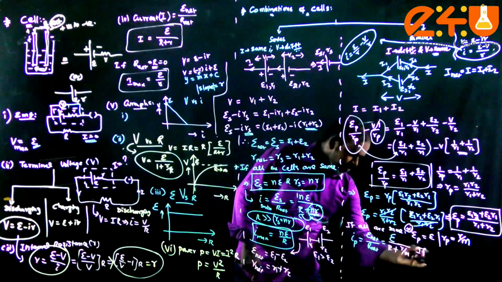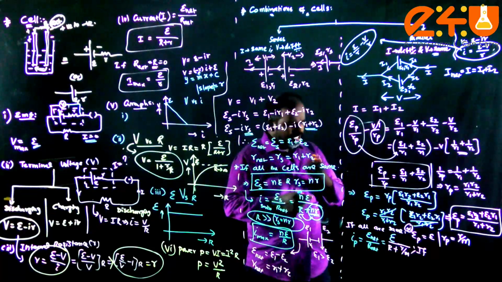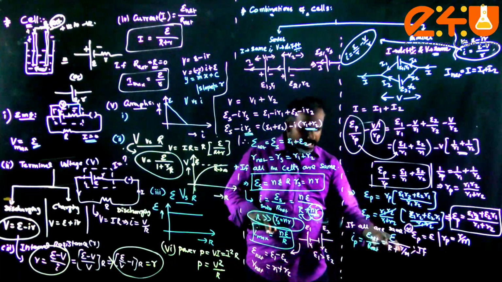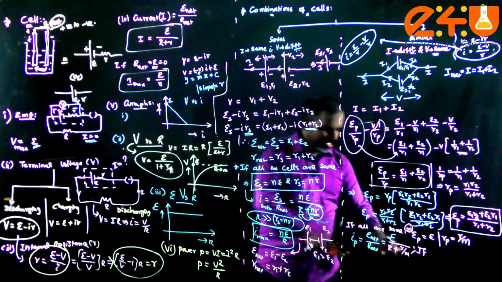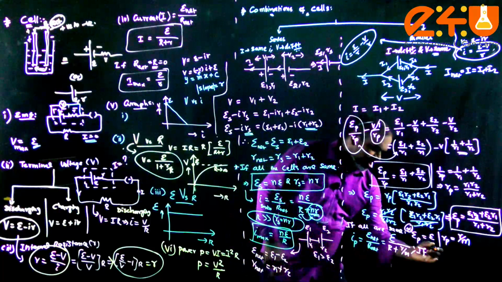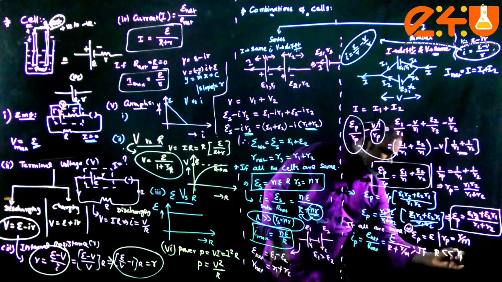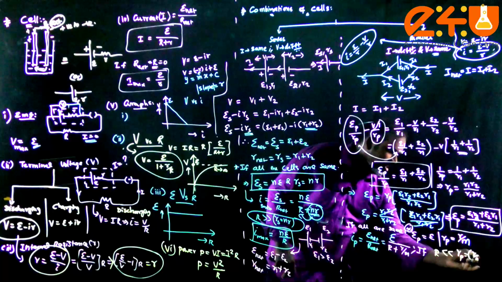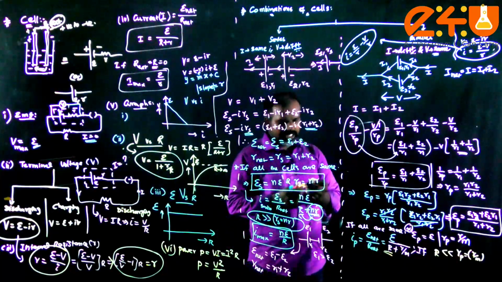If the external resistance is smaller than the total internal resistance R by M, you just reverse the earlier condition, then this R can be neglected.